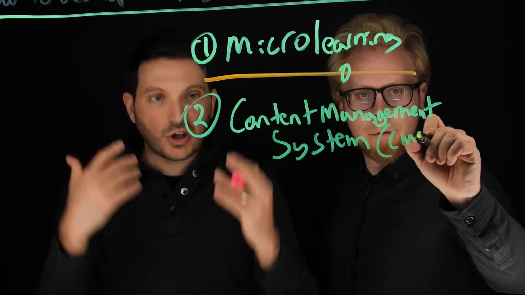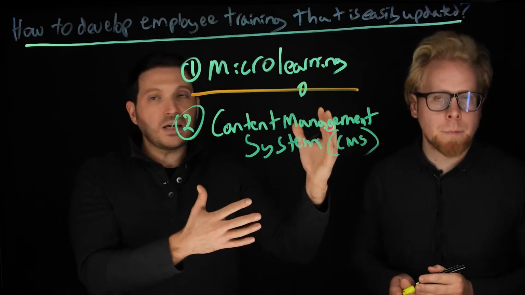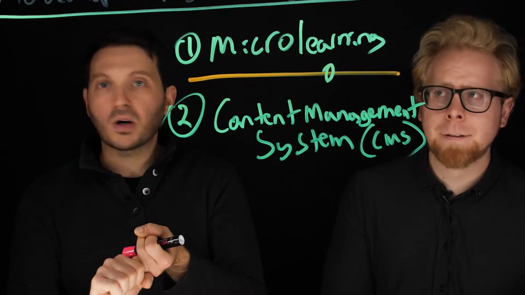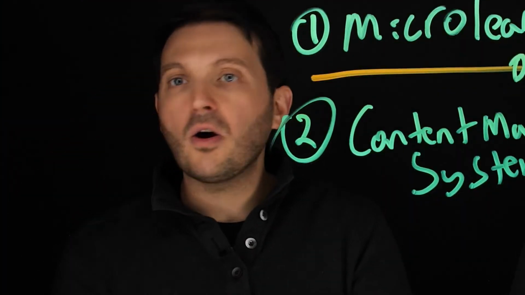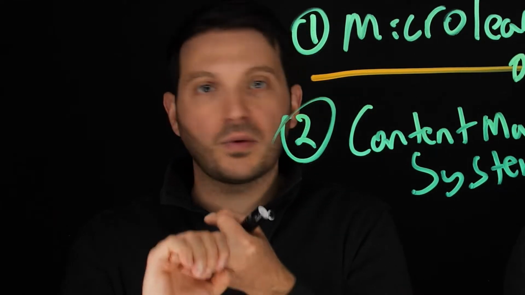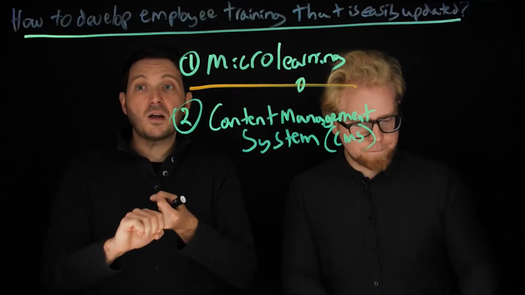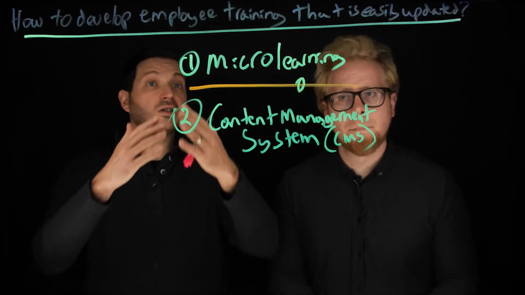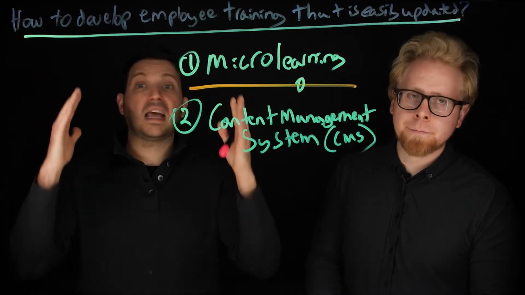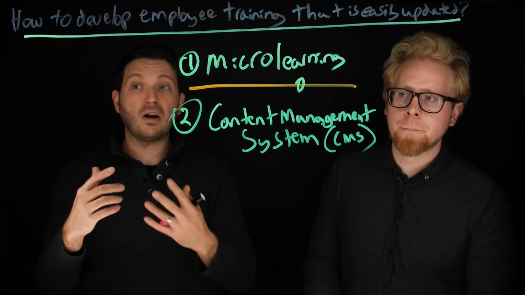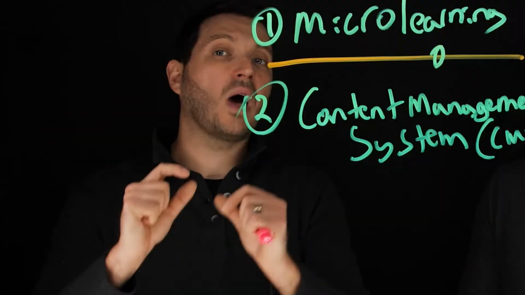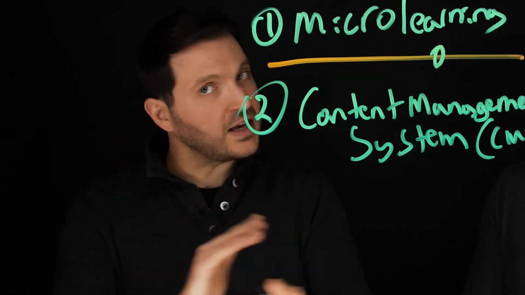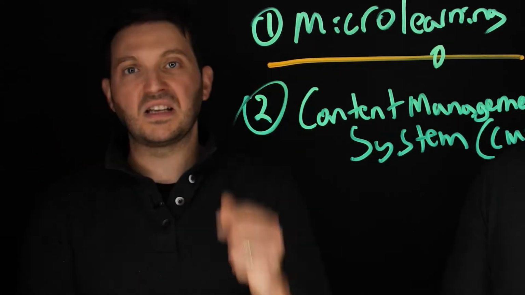One of the biggest challenges when you want to update something is that if you do not have an organized system, if you do not know where content files are, or who is involved with that content, then it's going to be very difficult and time consuming to update. You may have to redo it as a whole because it's taking so much time just to figure out how to update this one little piece. So having a clean CMS with everything structured and organized will allow you to update things instantaneously.